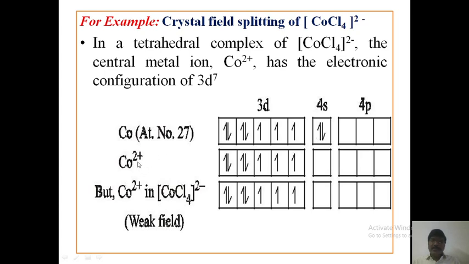Next, the metal ion, that means the cobalt ion, has the electronic configuration 3d7 because of Co plus 2. But Co plus 2 in CoCl4 minus 2 is in a weak field because the ligands have three lone pairs of electrons.